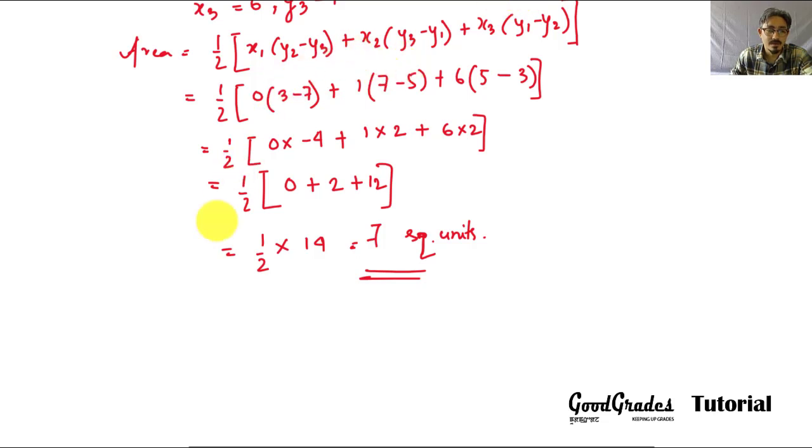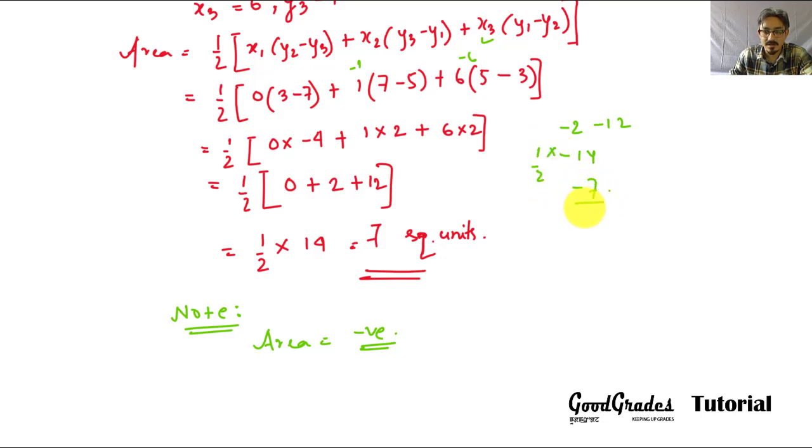When you practice this area problem, sometimes negative values can come out. For example, if x3 is negative, say minus 6, or x2 is negative, say minus 1, then you would get minus 2 minus 12, which is minus 14, and divided by half, the area would be minus 7.